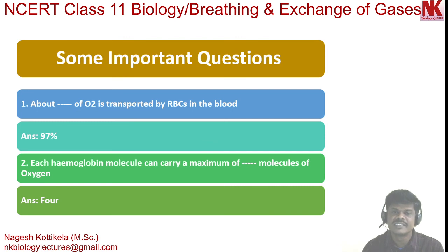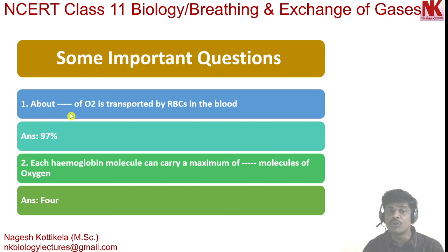After this, let's discuss some important questions from the topics that we have discussed so far. Let's start. The first question. About dash of oxygen is transported by RBCs in the blood? Answer is 97%.